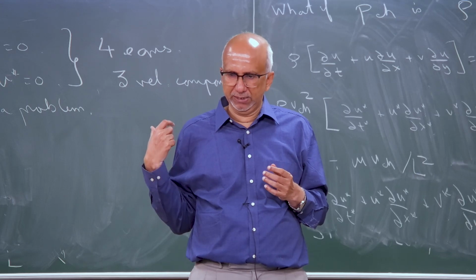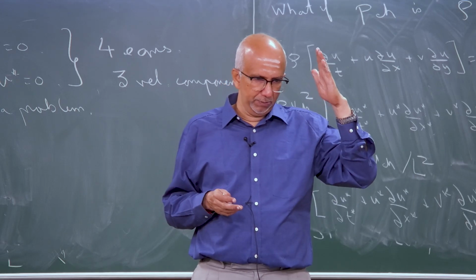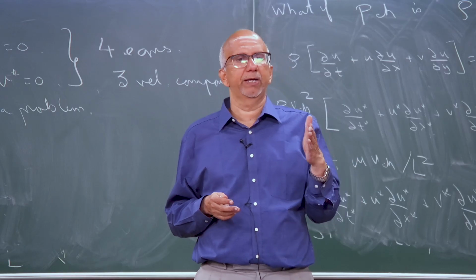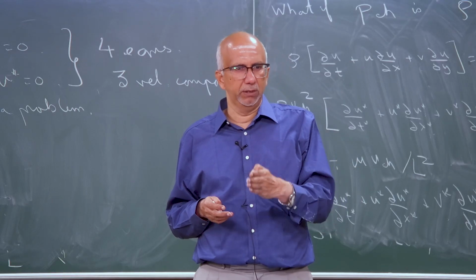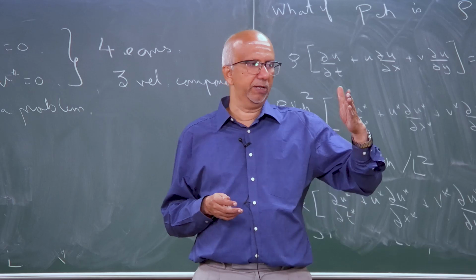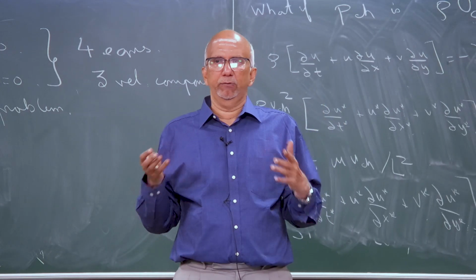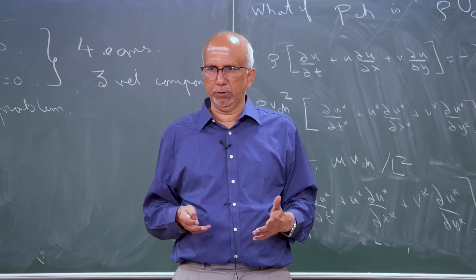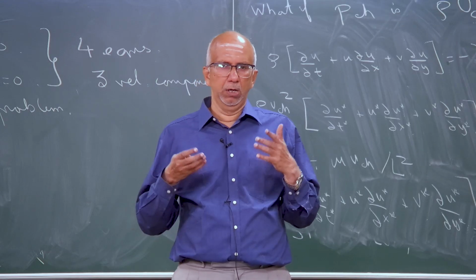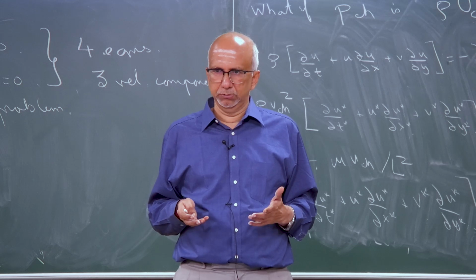What I am saying is, in the limit of low Reynolds number, our equations become linear. If the Reynolds number is not low, then you have the non-linear terms and you have to solve things numerically. Because the equations are linear, I can do analytical solutions, number 1.